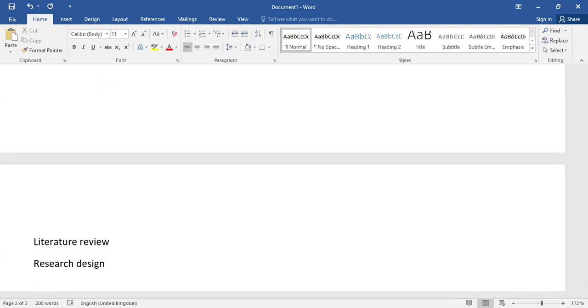Once you do the research design, now we have to go to results, because once you go to the field, you are going to collect data, and once you collect data, you have to analyze those data. Remember this design, some other researchers call it research methodology.